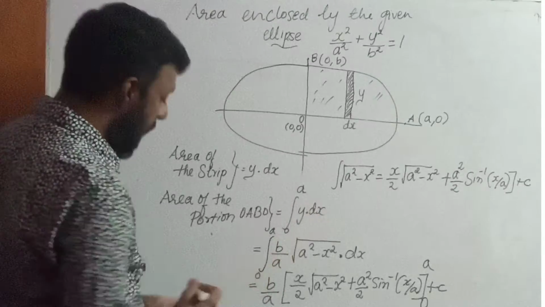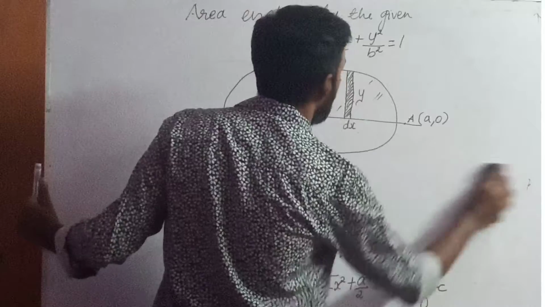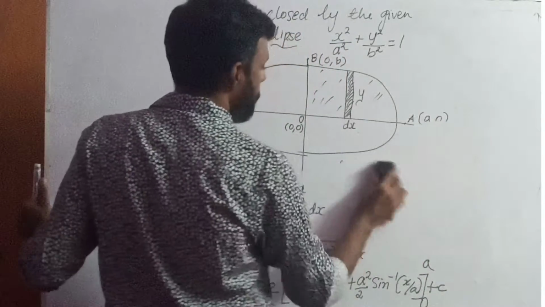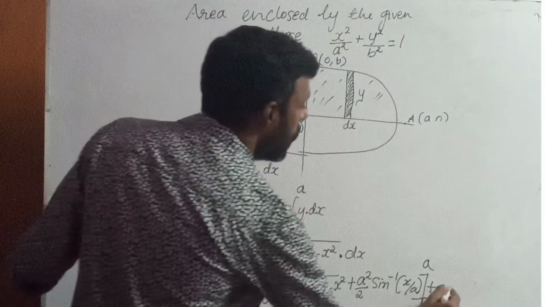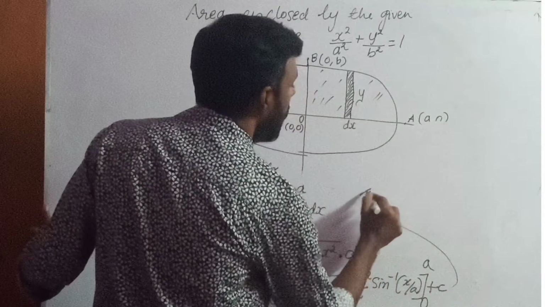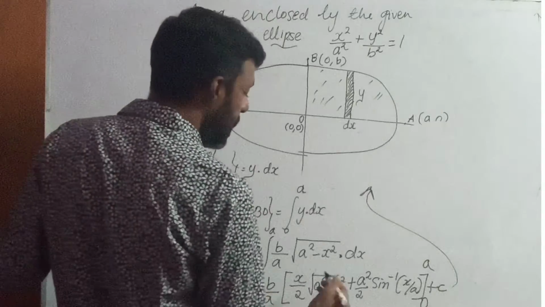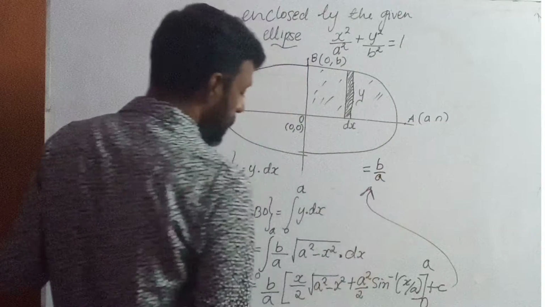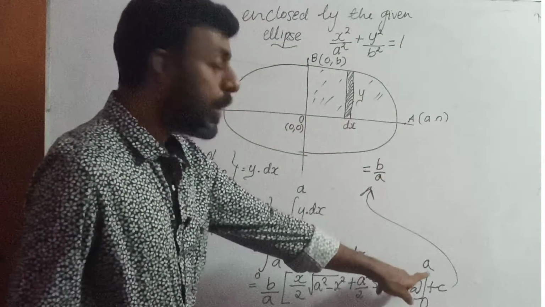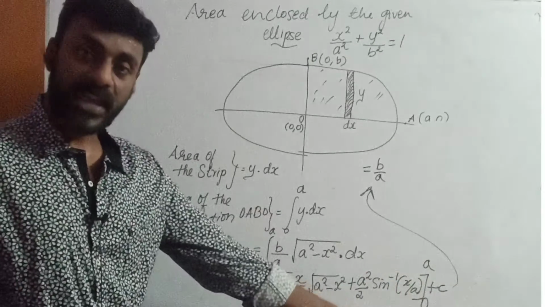So now what will happen is, here I am going to write it over here due to insufficient space. This will be b by a. Now I am going to substitute the value of x with a.